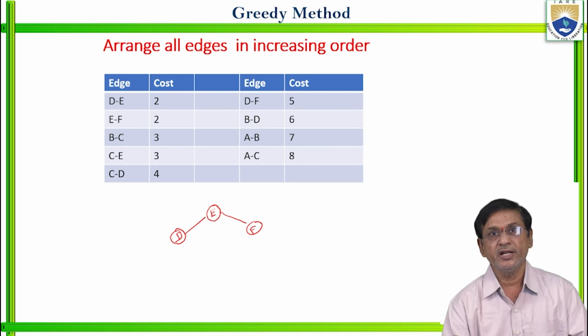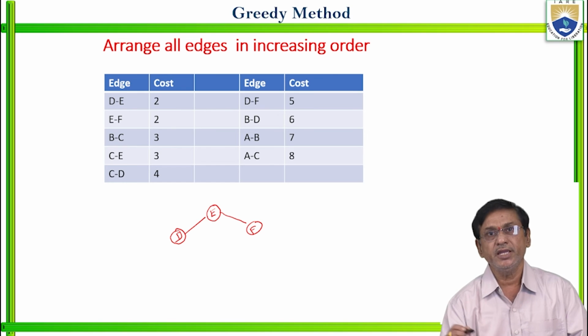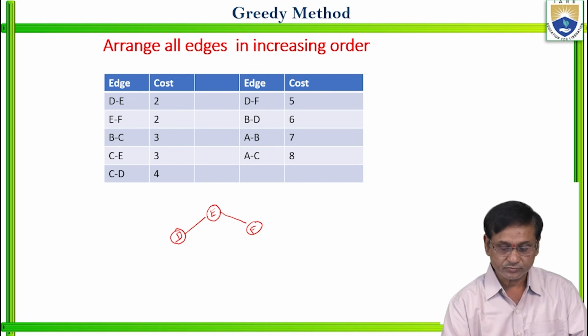So draw a solid line between D and E because DE is a combined edge. Next, E and F are also in different sets. So draw a solid line between E and F because EF is a combined edge.